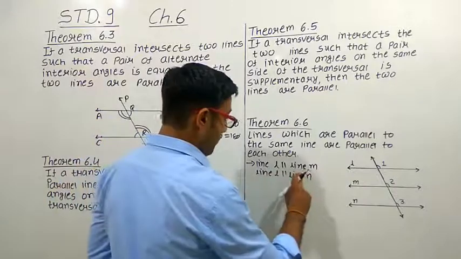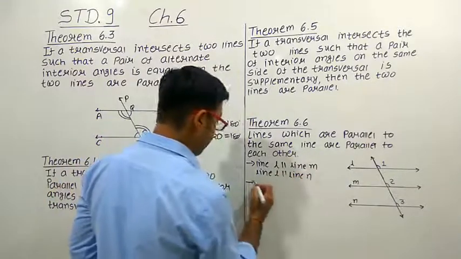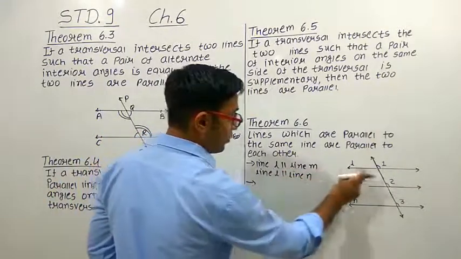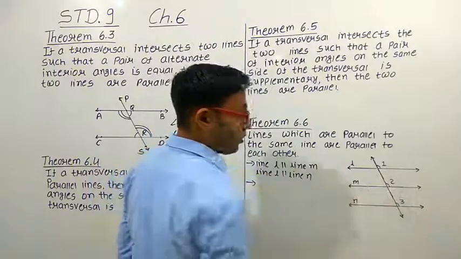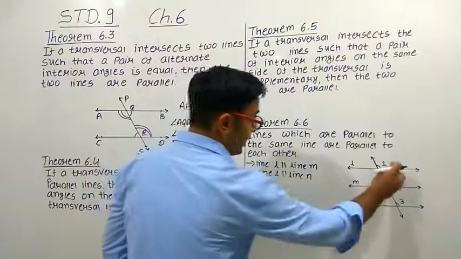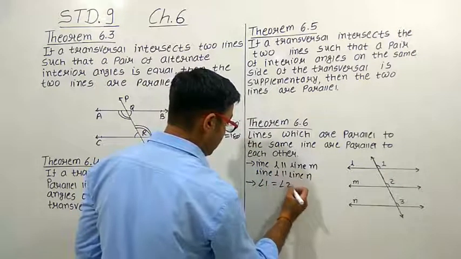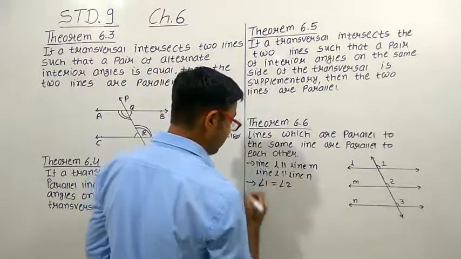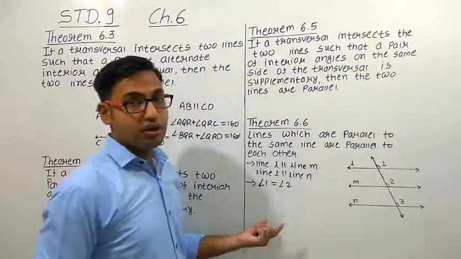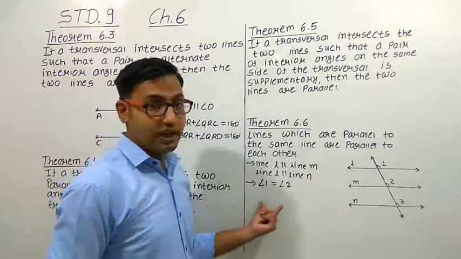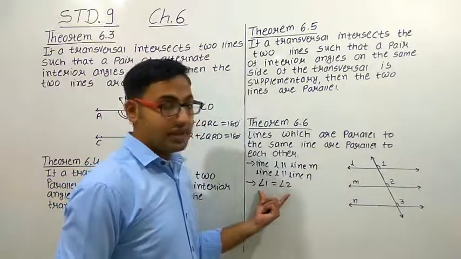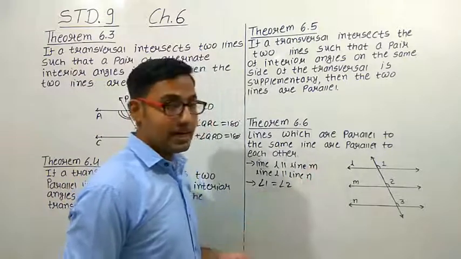See, since line L is parallel to line M, according to the corresponding angle axiom, angle 1 is equal to angle 2. Both corresponding angles are equal if the two lines are parallel.